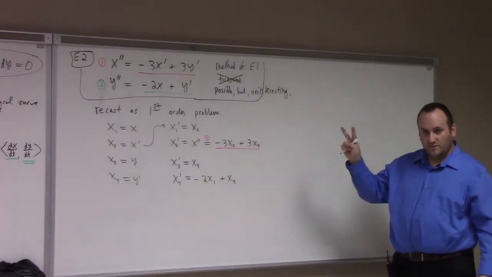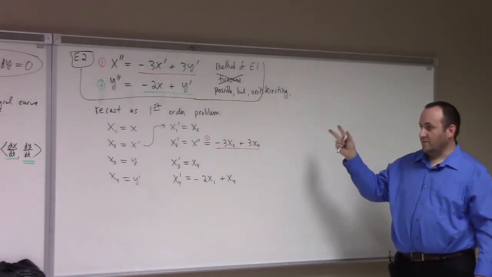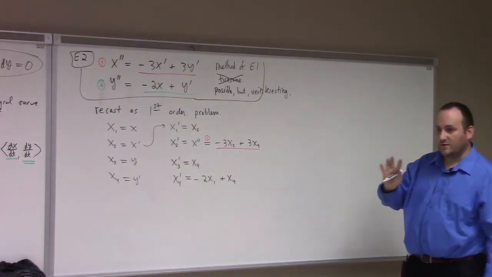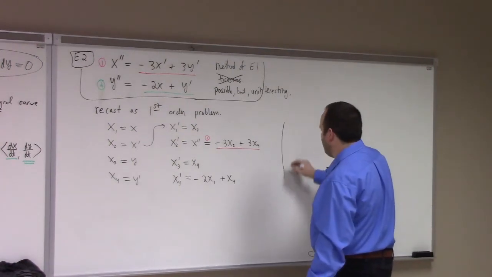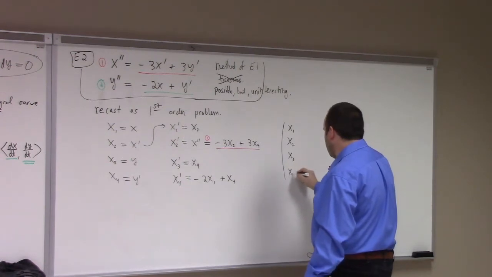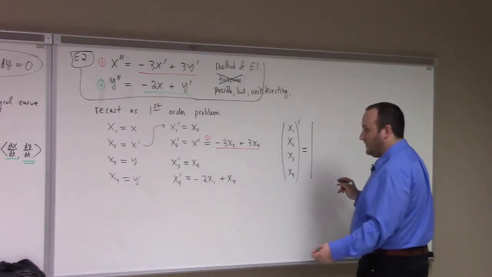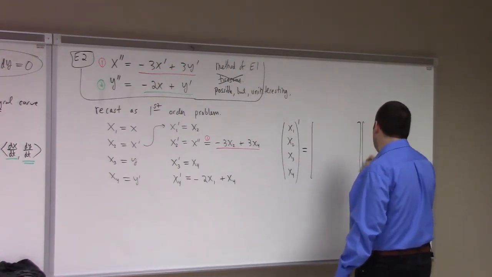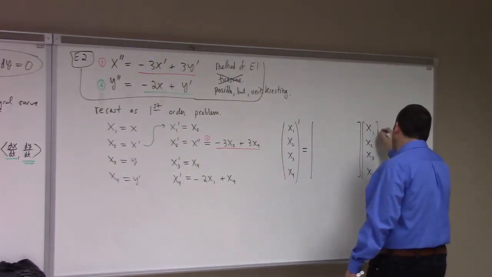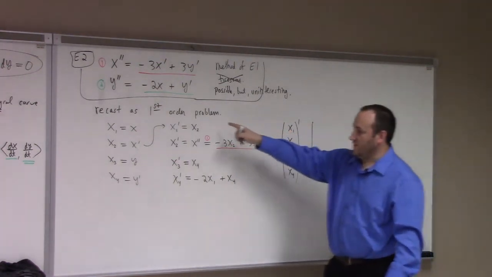So we started with 2 second-order linear homogeneous differential equations. And after reduction of order, now we have a corresponding system of 4 first-order differential equations. And I can rewrite them as a matrix problem as follows. This is x1, x2, x3, x4 prime equals, my matrix is going to be a 4 by 4 matrix. So to get the first row, I look at the first equation.